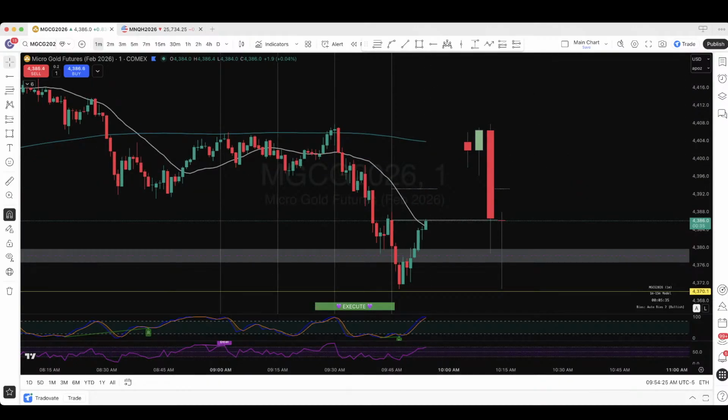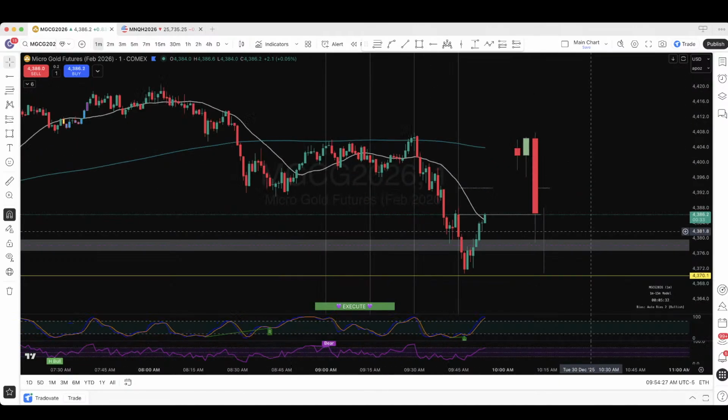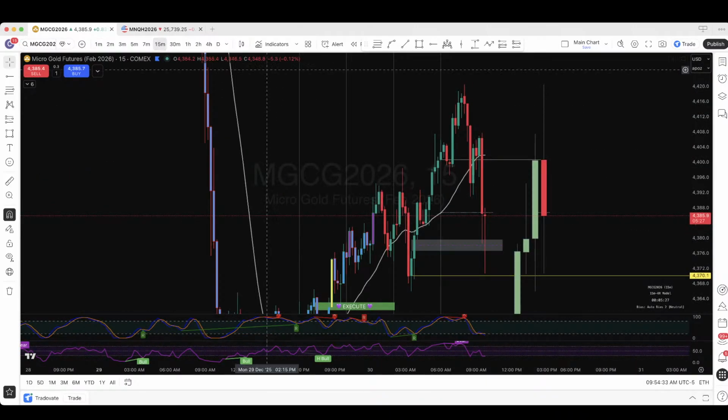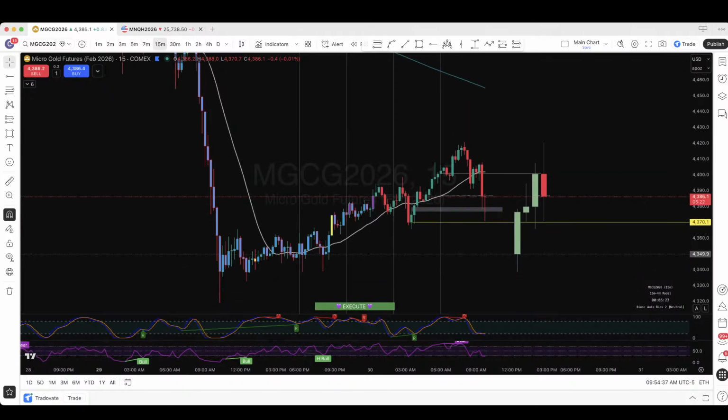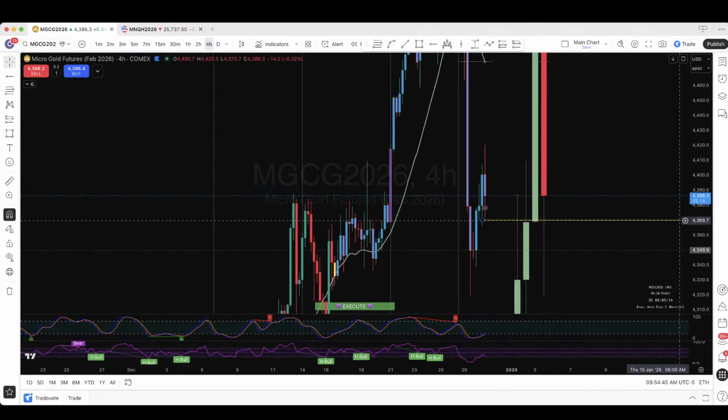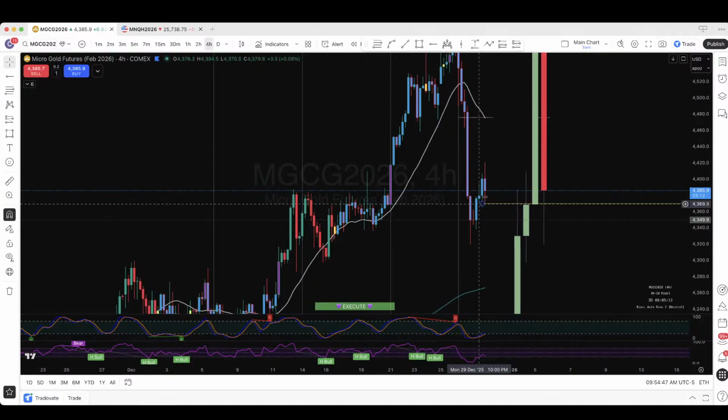Getting that retracement. Get this little range, dueling swings. Swing low here off this fair value gap. Swing high off this fair value gap, but it's pretty bearish.